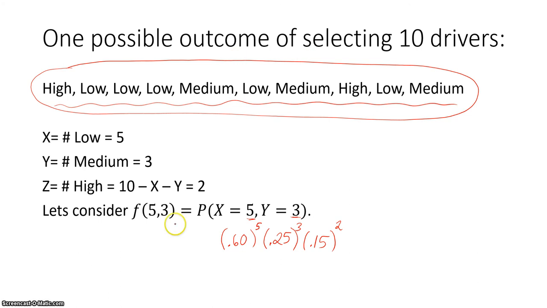And there are 10 factorial divided by 5 factorial times 3 factorial times 2 factorial distinguishable permutations. So this is going to be our joint probability that x is equal to 5 and y is equal to 3.